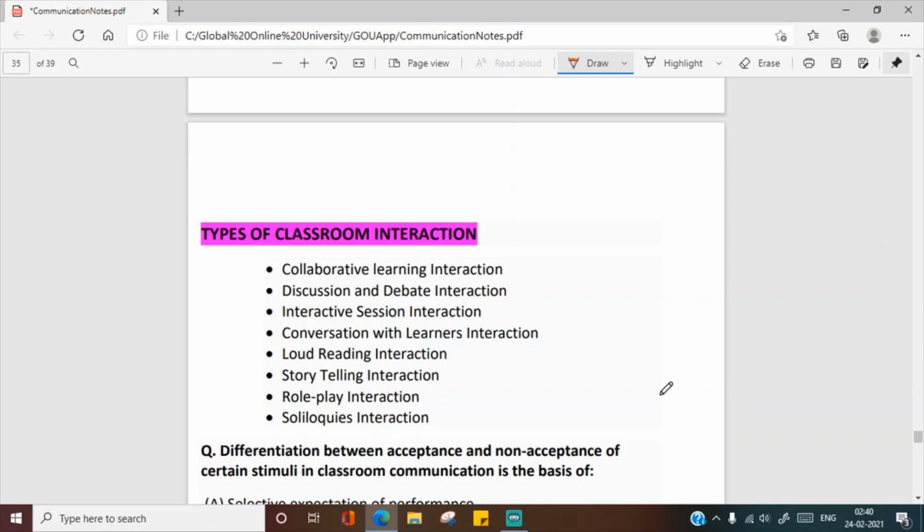So it could be collaborative learning, discussions, interactive sessions like debate or discussions, conversation with learners, teacher asking students or talking about a particular topic, loud reading, storytelling, role play. Role play means you can act, and soliloquies, interaction. So these are different types of classroom interaction.